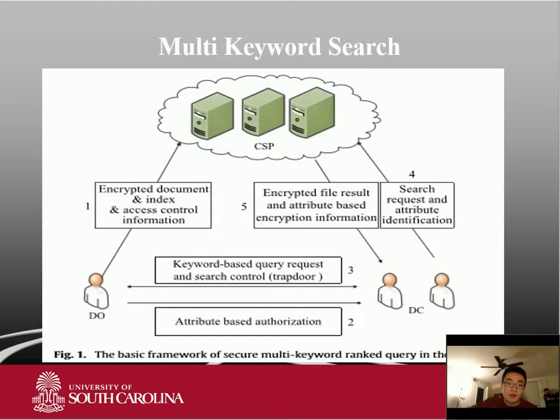Firstly, our data owner, here we use DO to represent, will get access to the encrypted documents and send a keyword based query to the data center, and the data center will give him the right to do the search, and then the data center will deliver the search request, and the cloud will return the results to the data center and our owner.